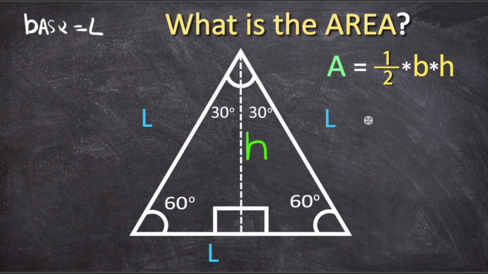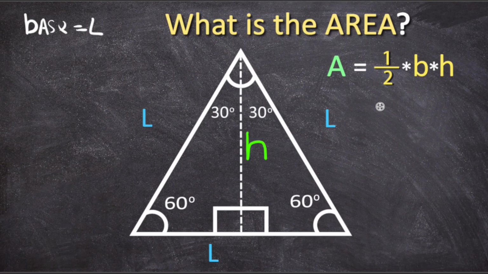Now, the issue still exists that we don't know the value of the height, but here's where the right-angled triangle is beneficial, because we can use trigonometry to get values for the height using the angles in the triangle. So let's do that. We're going to use 60 degrees for this.